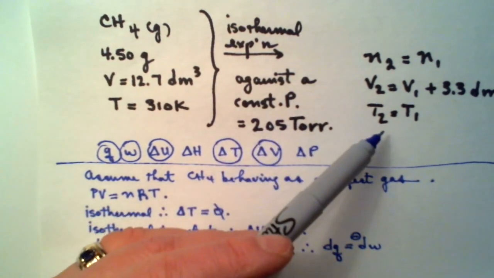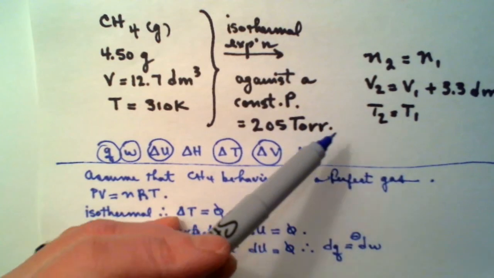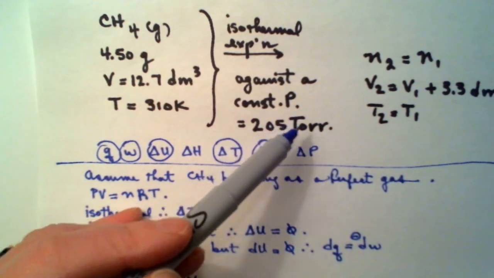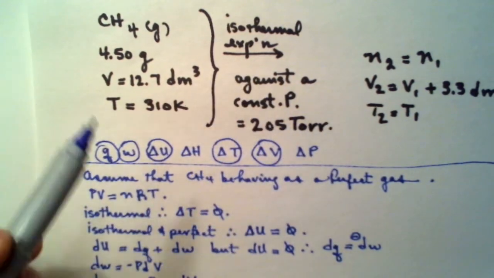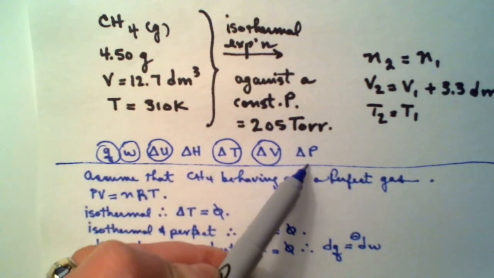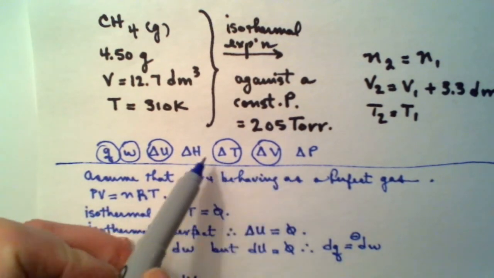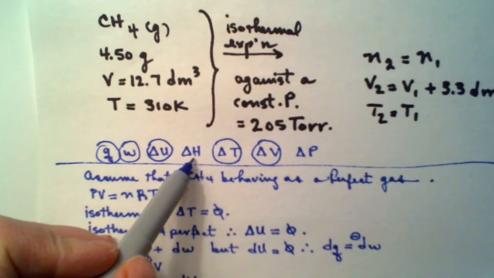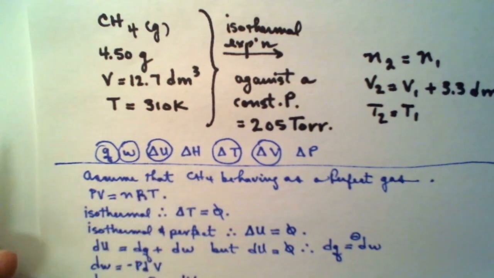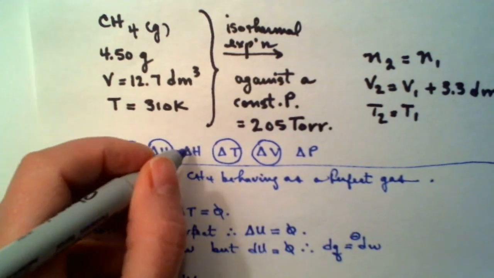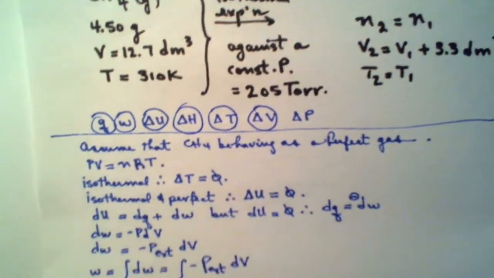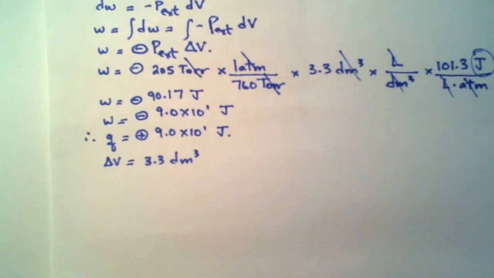And ultimately, the final pressure is the same as that which it expands against, remember? So let's do delta P, and then we have to do delta H, or we could get delta H out of the way right away because it's easier. So let's do that one right away. I'm circling it before we actually get a numerical answer.